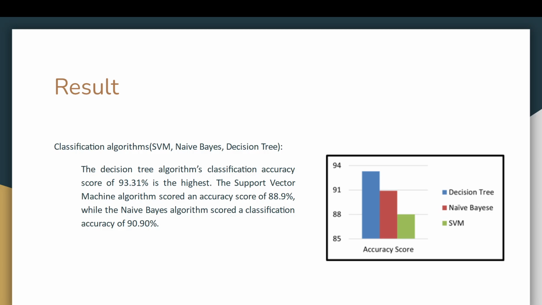The decision tree algorithm's classification accuracy score of 93% is the highest. The support vector machine algorithm scored an accuracy of 89%. The naive Bayes algorithm scored a classification accuracy of 91%. The decision tree classifier performs the best in terms of classification.